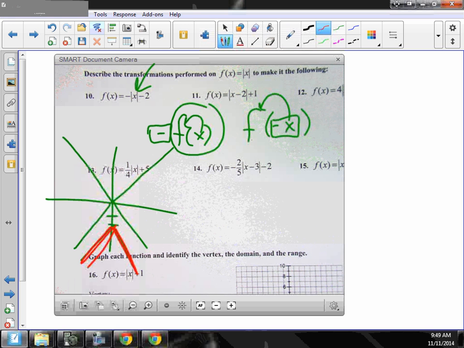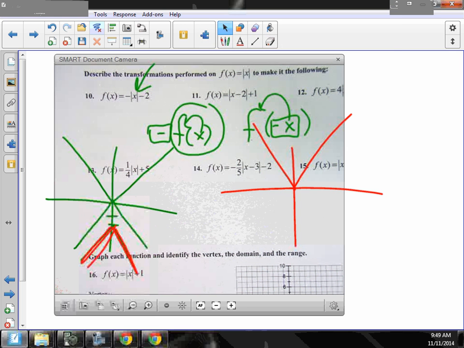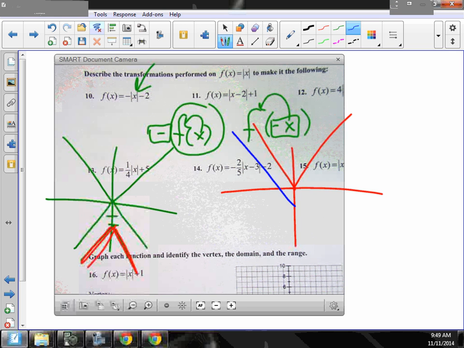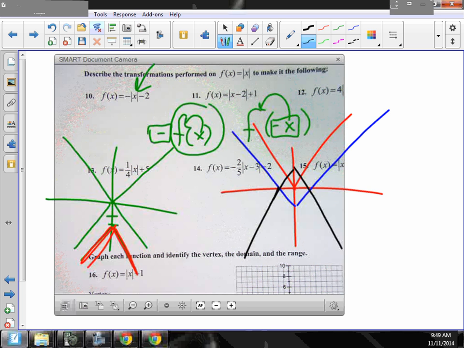Well, let's look. So let's take the original function, take it down 2 units. Now what happens when I flip that across the x-axis? So it's going to look like this. So the order is very important.